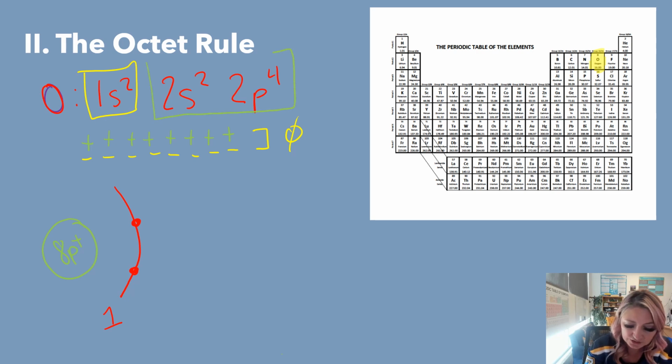Second energy level, I have 6 altogether. 1, 2, 3, 4, 5, 6. What this looks like as a Lewis dot structure is that we have a spot for 2 more electrons before we get to our magic number of 8.